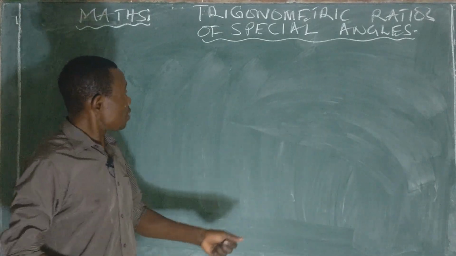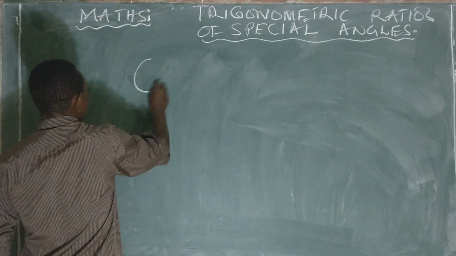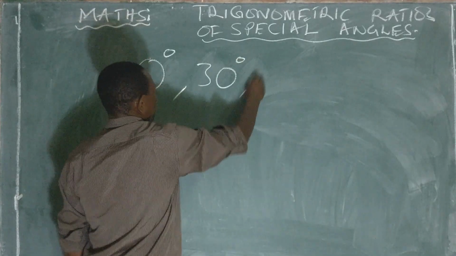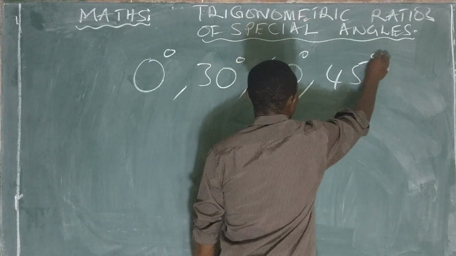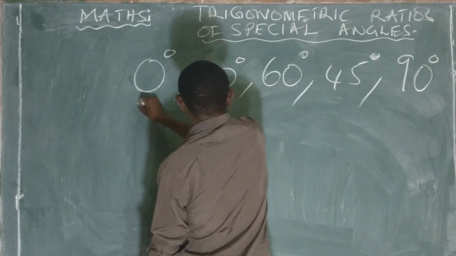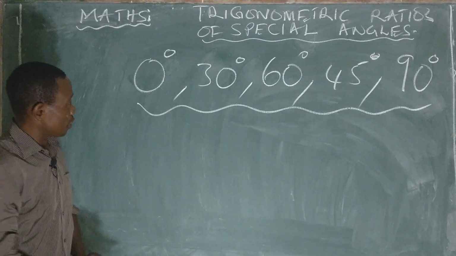These angles are 0 degrees, 30 degrees, 60 degrees, 45 degrees, and 90 degrees. These are the special angles we are talking about.